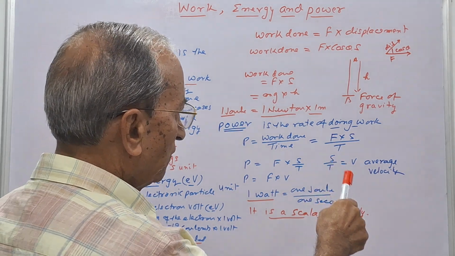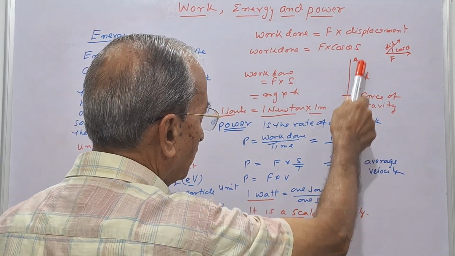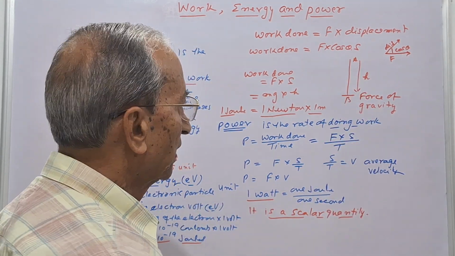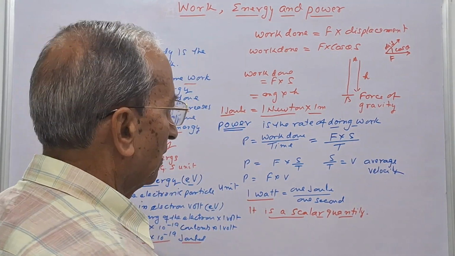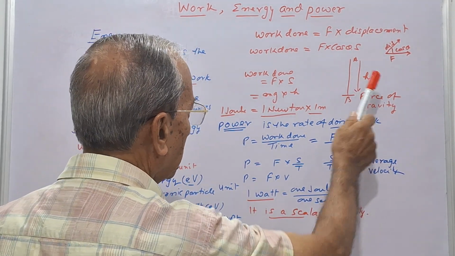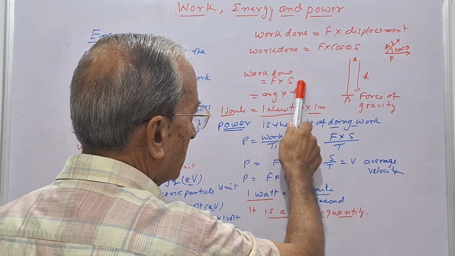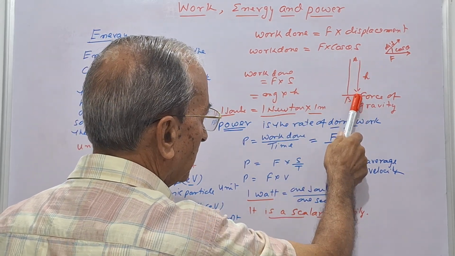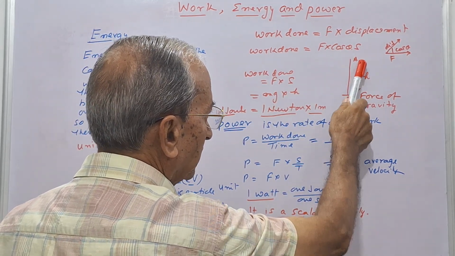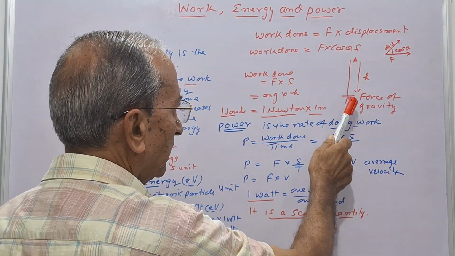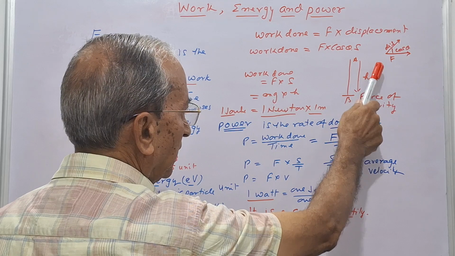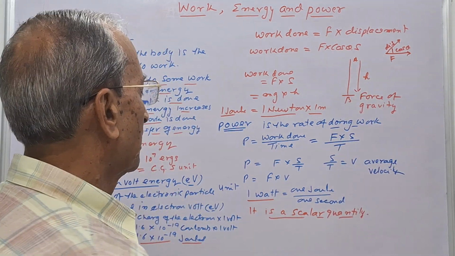Whether an object comes directly from a certain height to the ground or through the stairs, the height will remain the same, because in the formula the distance, that is displacement, is the height.